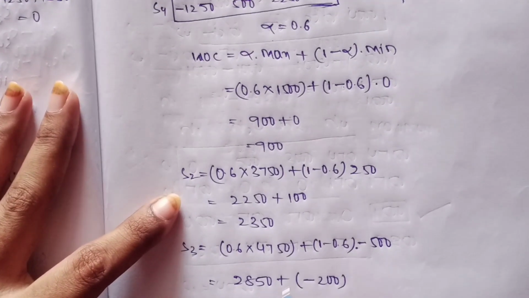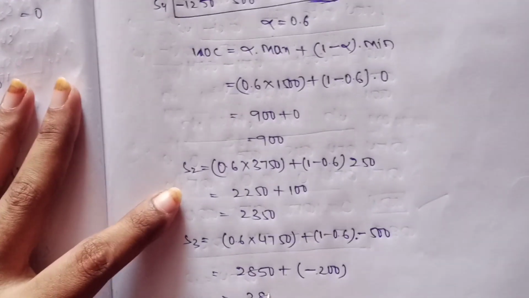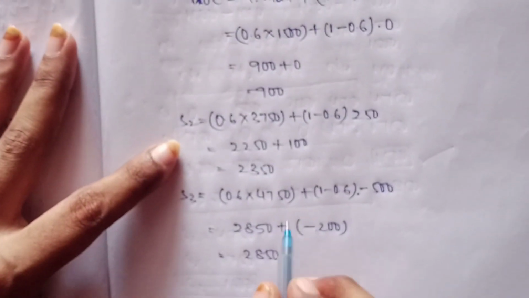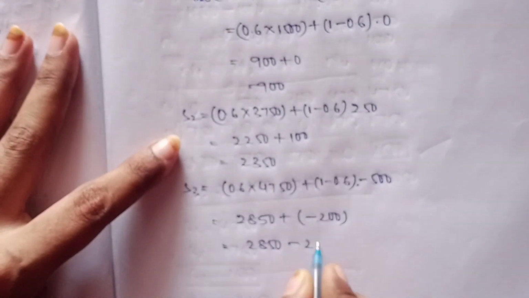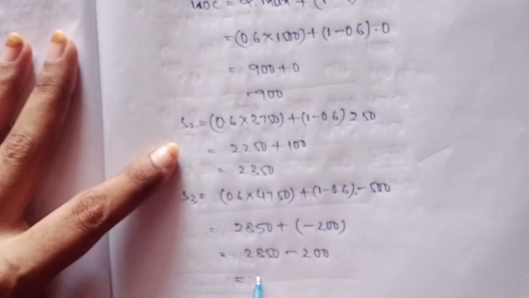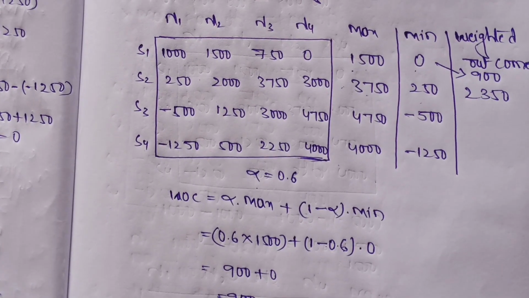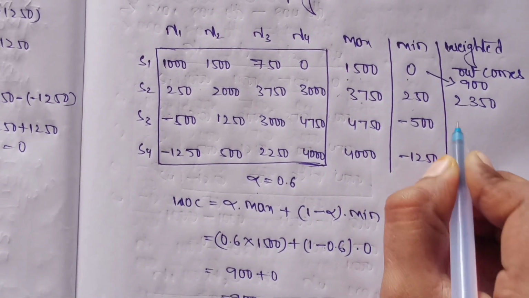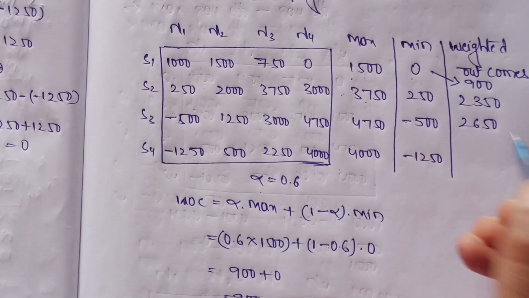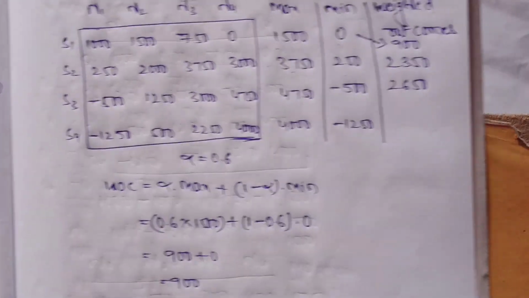So 2850 plus minus 200 is equal to 2650. Here 2650.